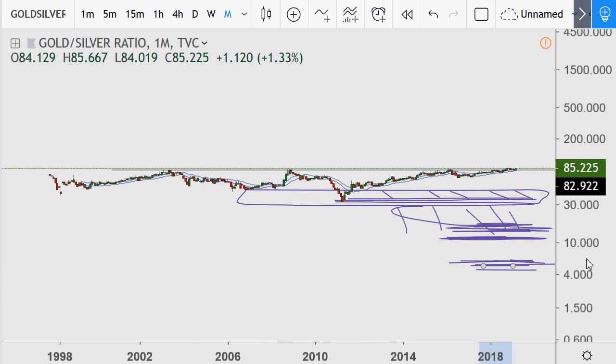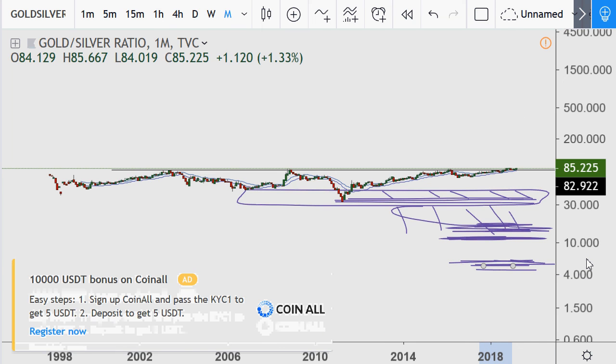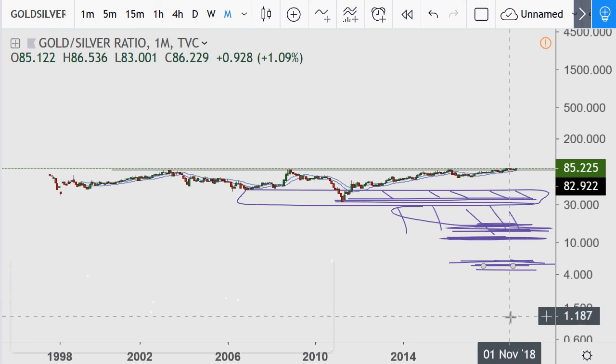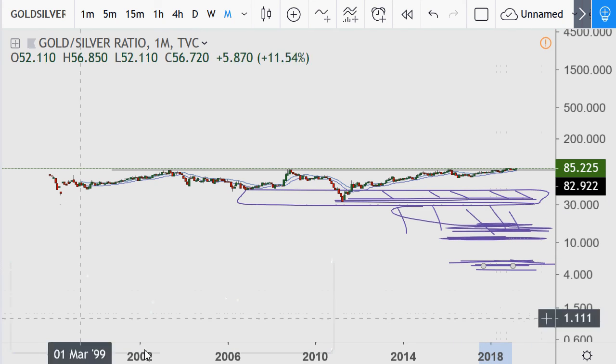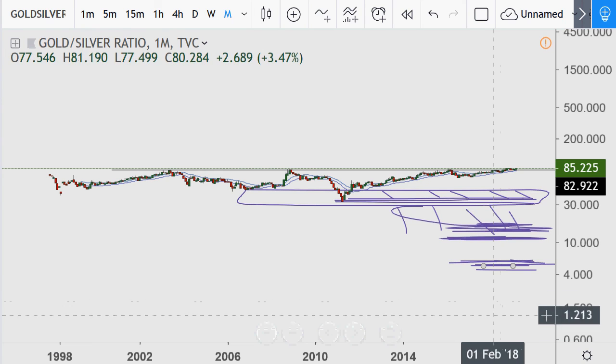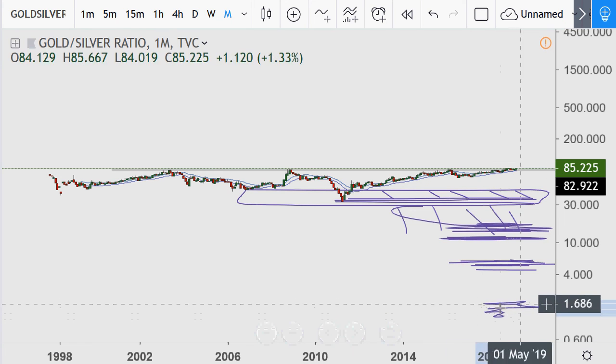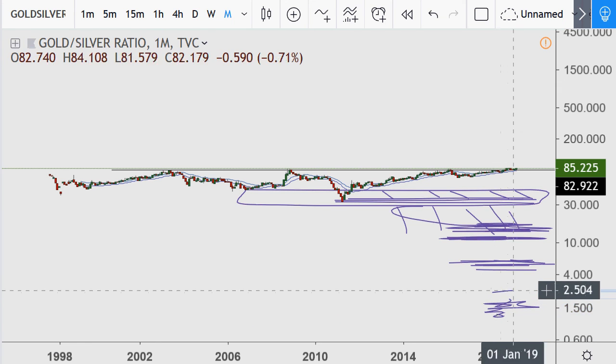That is aggressive buying, but not super. And then down towards here, breaking like 2.5, 3.